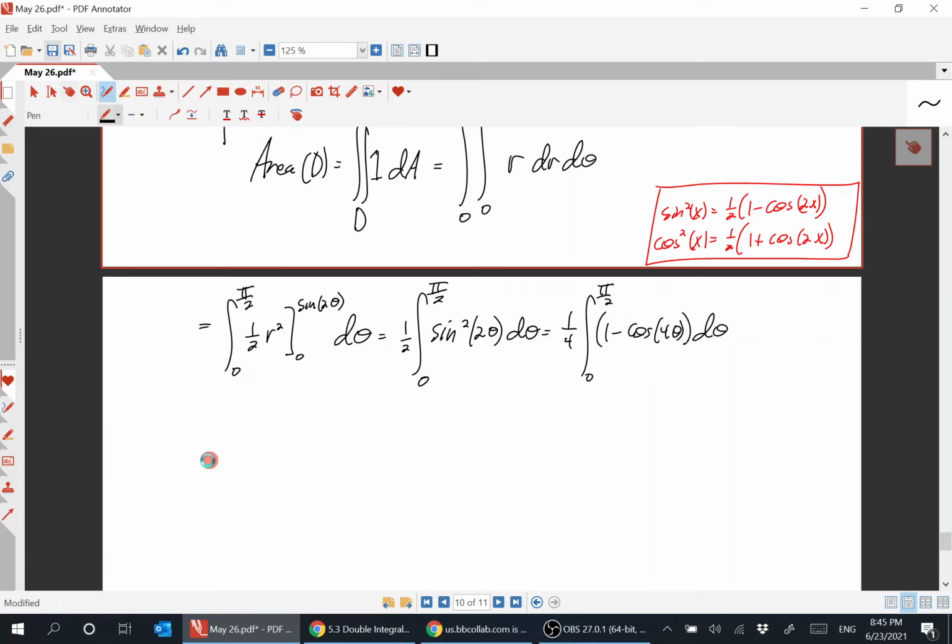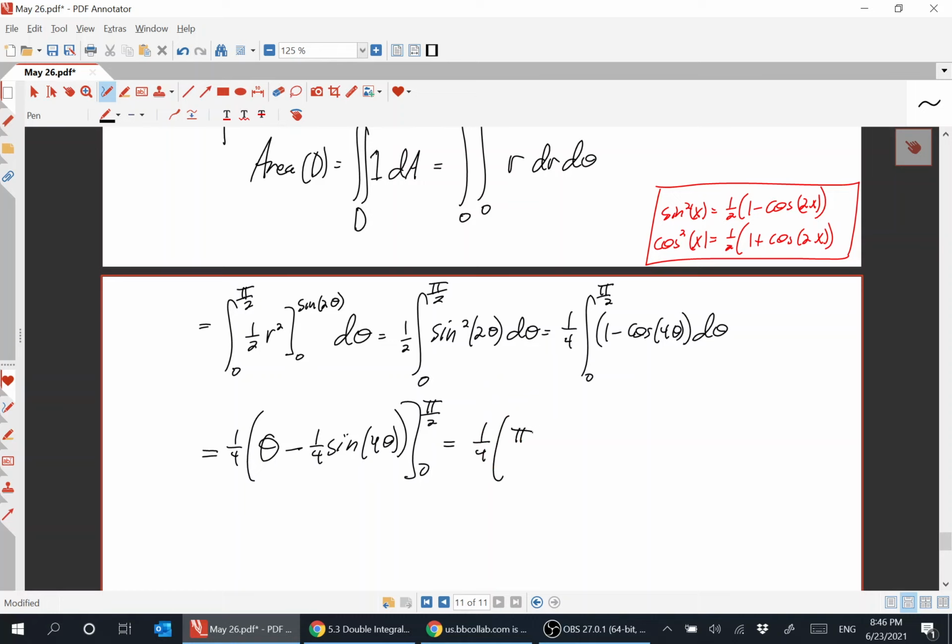So the antiderivative with regard to theta is equal to 1/4 theta minus 1/16 sine 4 theta from 0 to pi over 2.